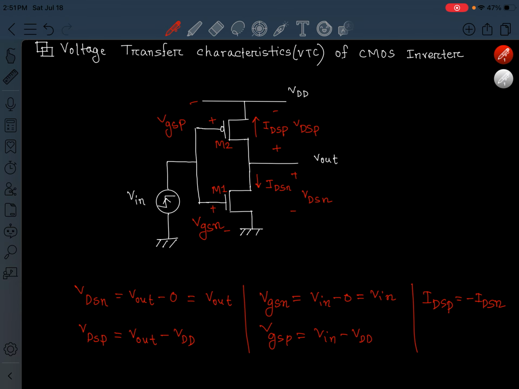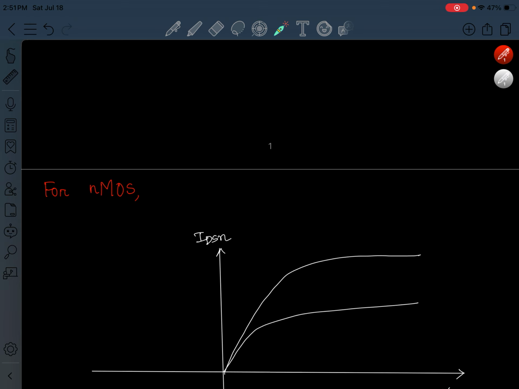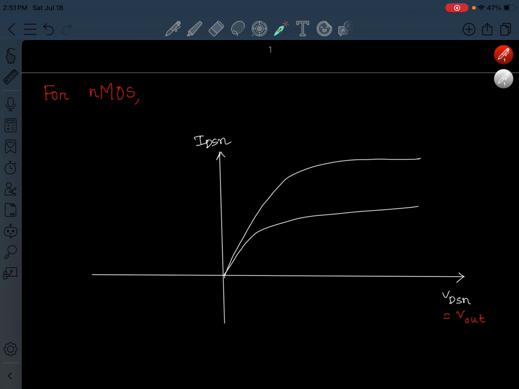Now we will analyze the IV characteristics of NMOS and PMOS that we have learned in basic electronics courses. We know for an NMOS, the drain source current versus the drain source voltage curve will look like this.